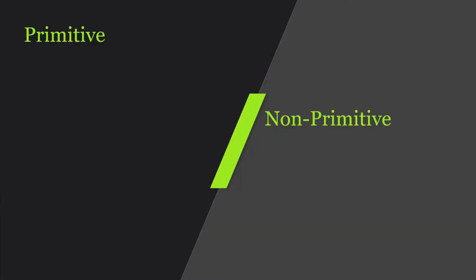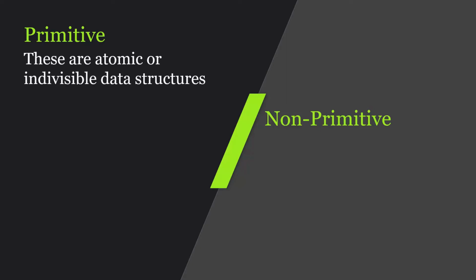Now, before we get into all that, we want to identify some of the properties of data structures. And we have two main classifications. We have primitive and non-primitive data structures. The primitive data structures are ones that are the built-in basic low-level structures. And those could be booleans, integers, characters, floating points.